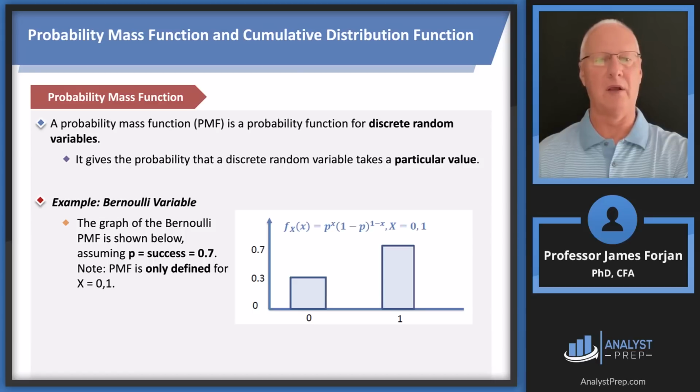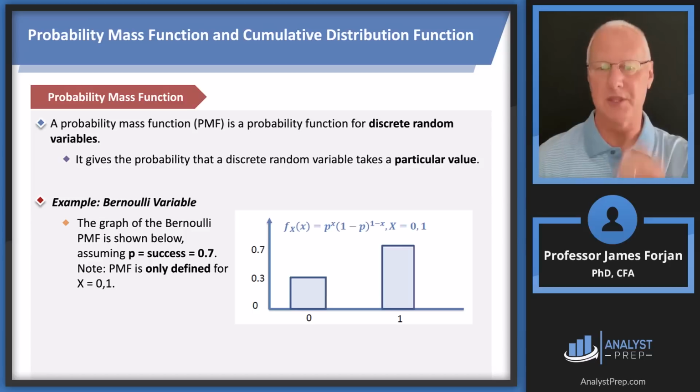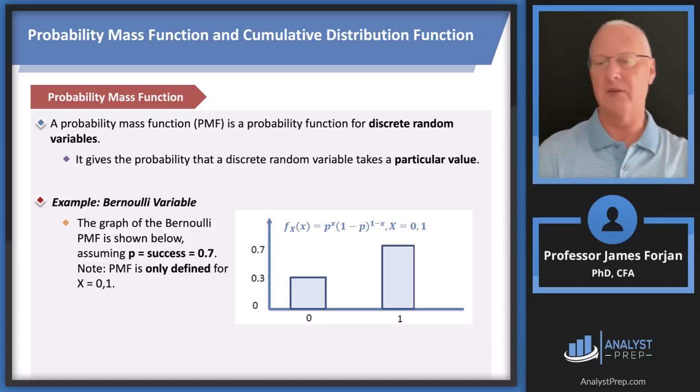Notice in this case we've got a P of 70%, so probability of failure has to be 30%. And so there's the function there inside of the graph. All we're going to do is take the P probability times 1 minus P, which is 70% times the 30% in this particular case. And we're going to raise it to some value of X, which is going to be either 0 or 1 in this case.